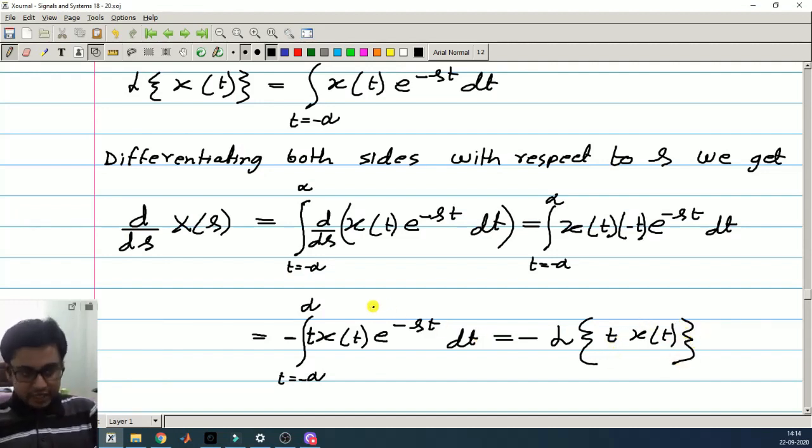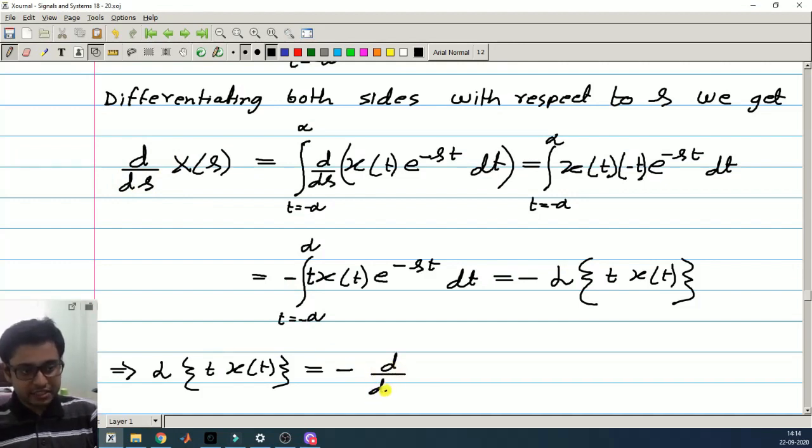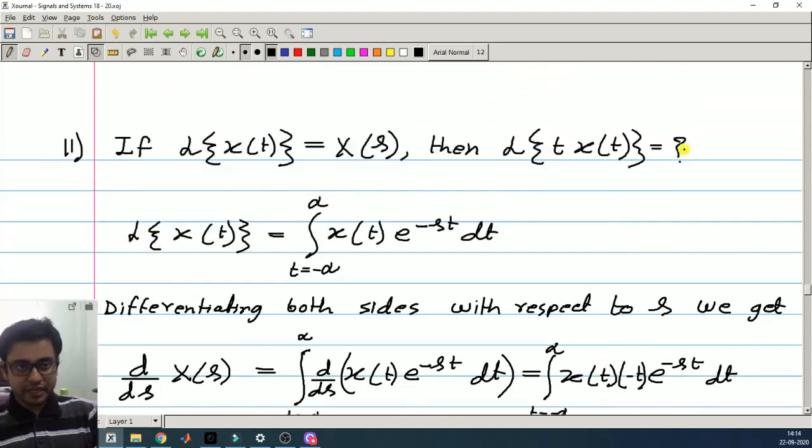So that means Laplace transform of t x(t) is equal to minus d/ds of X(s). X(s) is the Laplace transform of x(t). So this is the answer: minus d/ds of X(s).